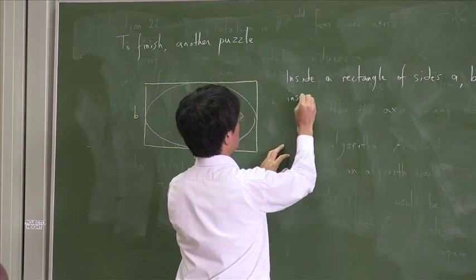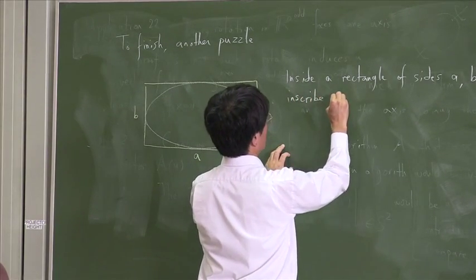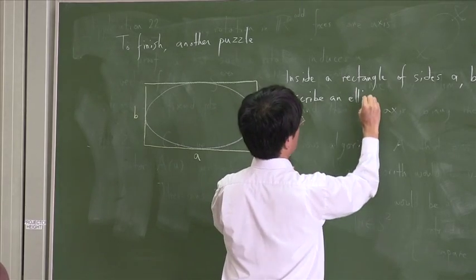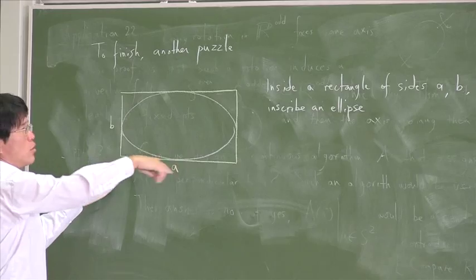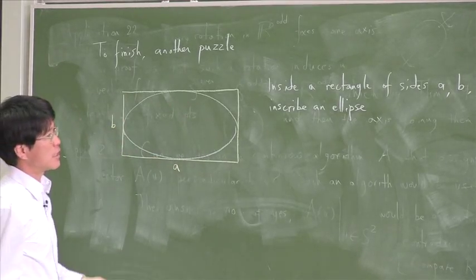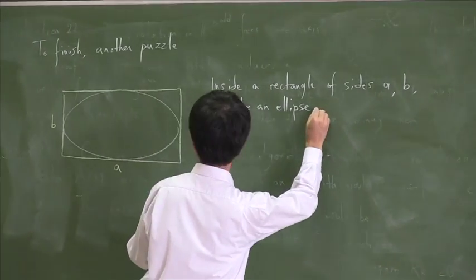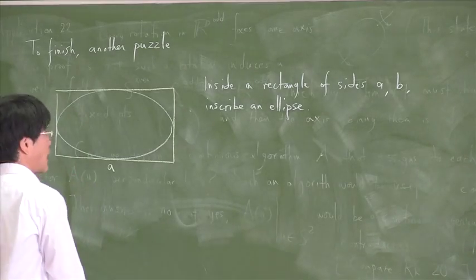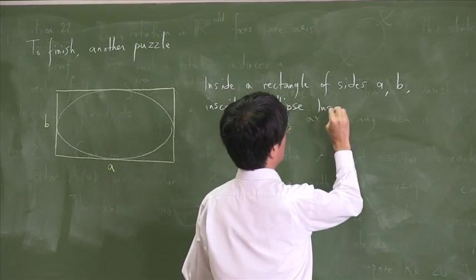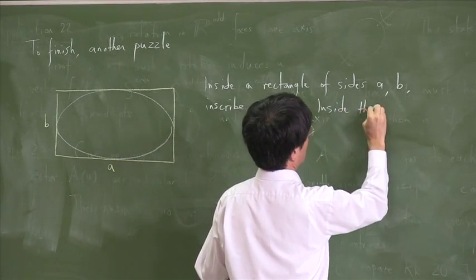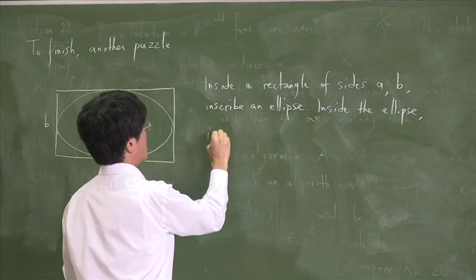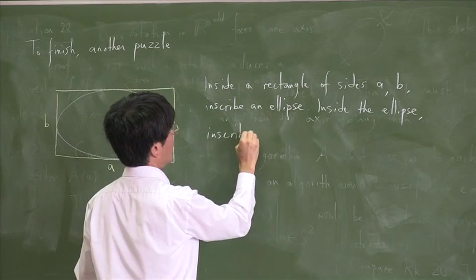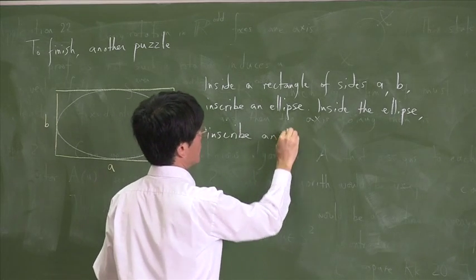Inscribe an ellipse. And if you work quite hard, you can write down the equations of this ellipse, and so on. Okay? And then inside the ellipse, inscribe another rectangle.